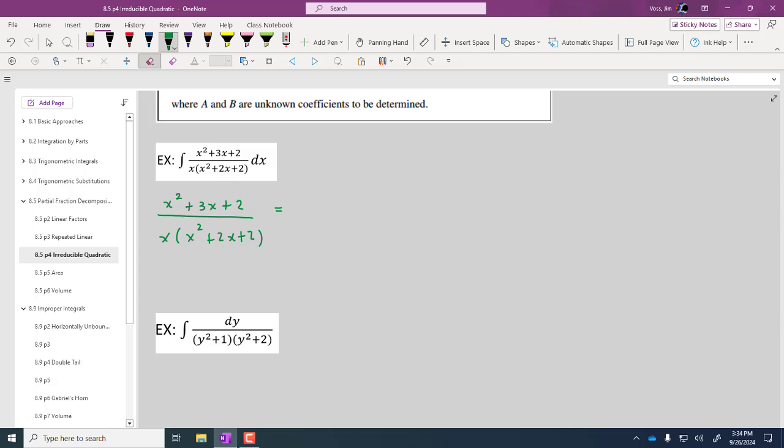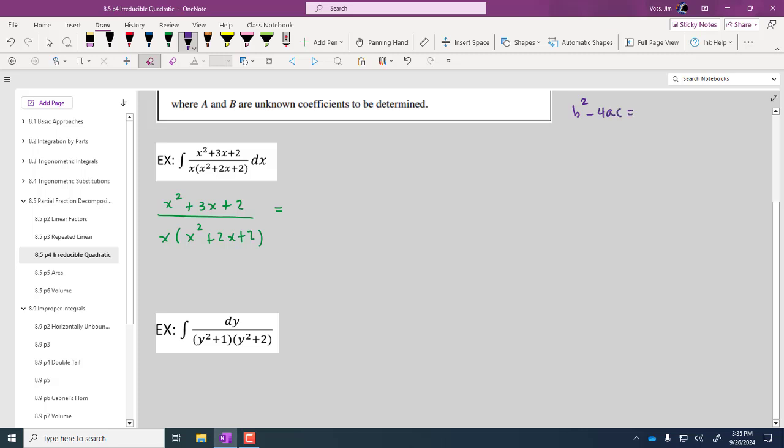What does the sign have to be on the discriminant to create a polynomial that doesn't factor over the reals? Negative. When you do the quadratic formula, you get the square root of b squared minus 4ac. If b squared minus 4ac, the discriminant, is negative, then you need imaginaries. So to prove this was irreducible, you would look at b squared minus 4ac and show that it's negative.